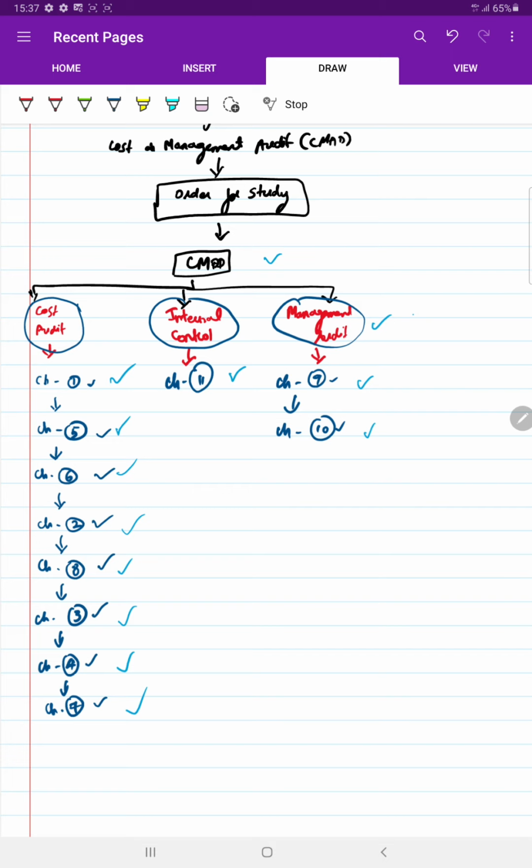In cost audit we saw which chapters to give more importance and in which order to study. Chapter 1 to start with, followed by 5, 6, 2, 8, 3, 4 and 7, then the internal control chapter 11, and management audit chapters 9 and 10. So this is the order for study.